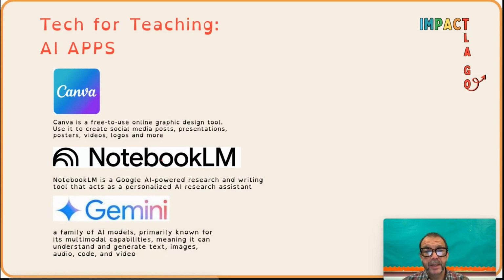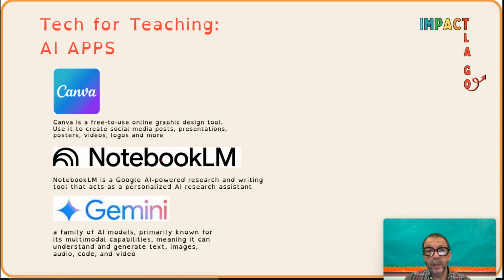Notebook LM is a Google AI-powered research and writing tool that acts as a personalized AI research assistant. And Gemini is a family of AI models primarily known for its multimodal capabilities, meaning it can understand and generate text, images, audio, code, and video.